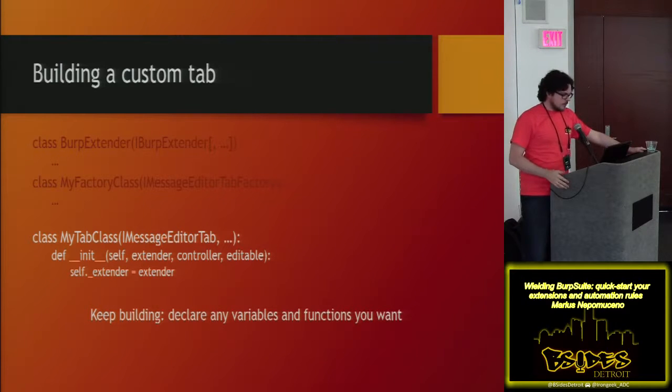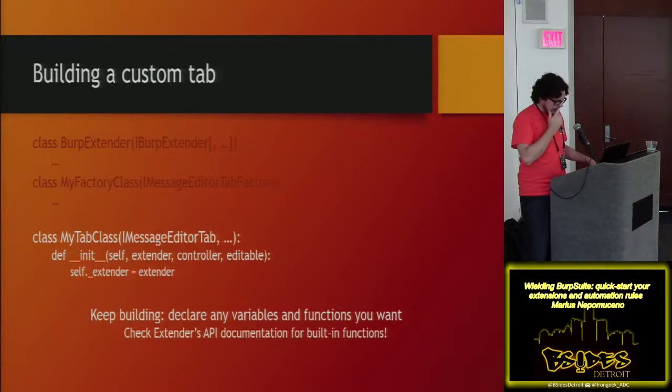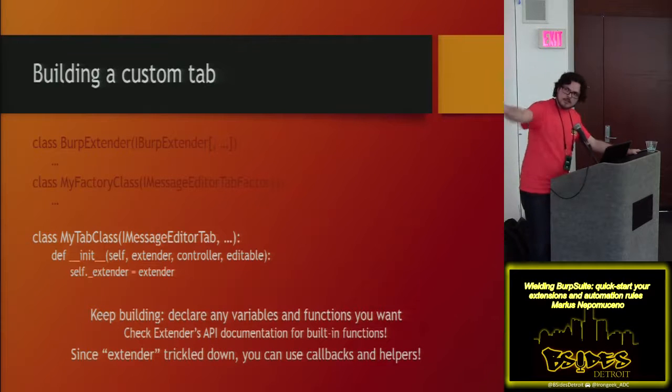Aside from this, building your extender class and then your individual interface classes, you don't need much else to really write your BurpSuite extension. So just keep on building, declare any variables and functions that you want for your custom actions, your custom methods and things like that. Always check out the API for the built-in functions, things you can already use. You don't have to recreate functionality that the API already exposes. Notice that I have an extender variable that's trickling down.